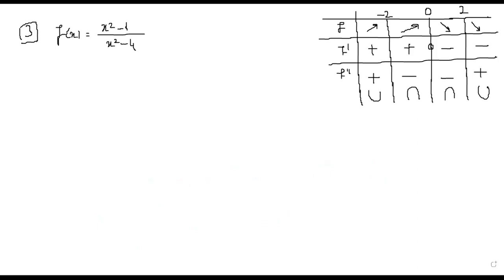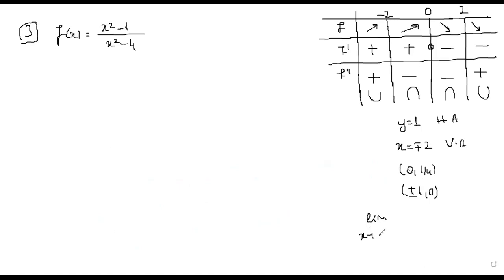So recall that y equals 1 is the horizontal asymptote, and x equals ±2 are vertical asymptotes. Okay, and this is the y-intercept, and these are x-intercepts. Okay, and also this is important.